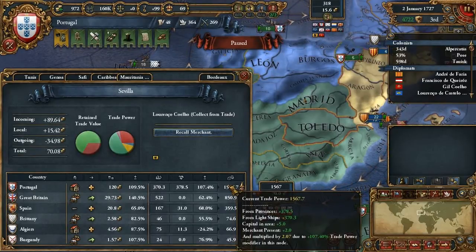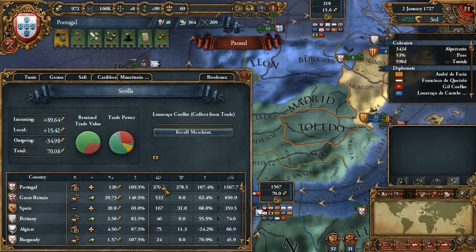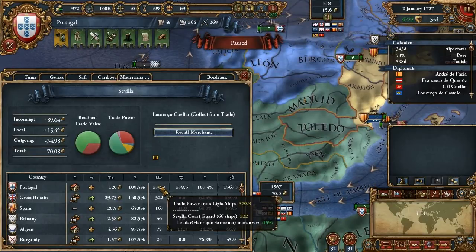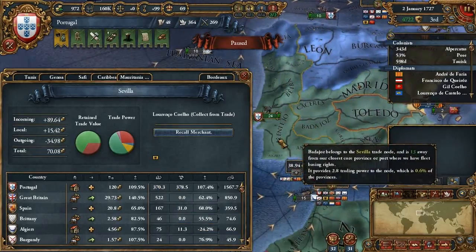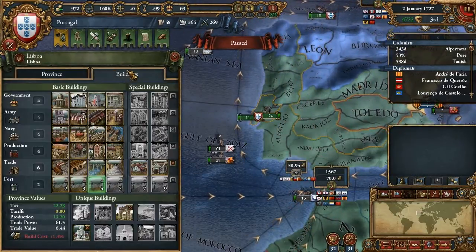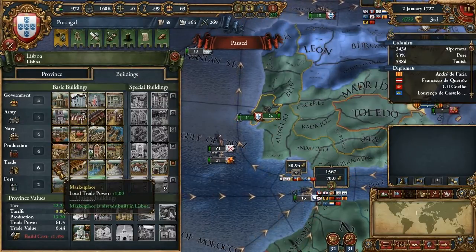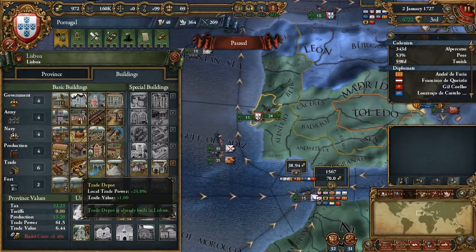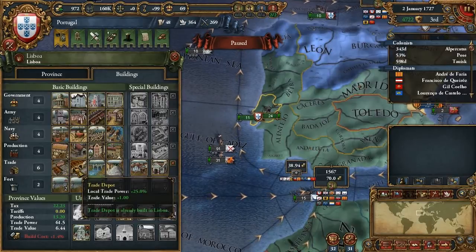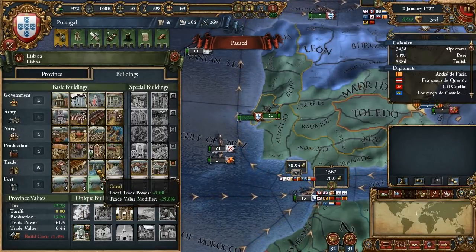Another thing that affects trade power is merchant present, which will give you +2 points. Ships will give you points depending on ship levels. I'll cover that in a bit. And the buildings: marketplace +1 trade power, and this one 25% extra trade power.